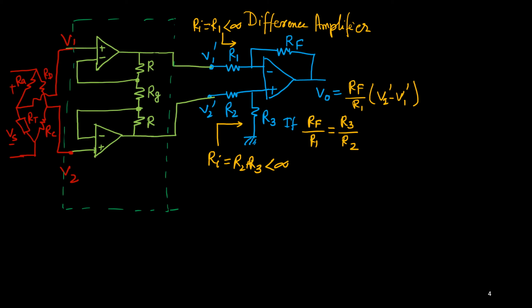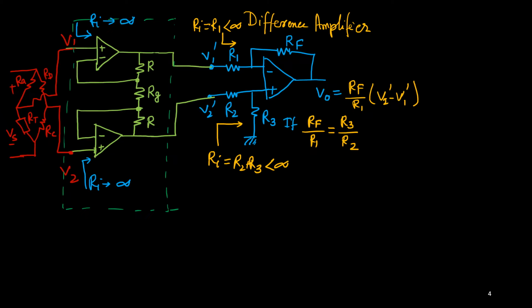So what is the input impedance looking from this side? You see there is no current, because no current can enter the op amp terminal. So this Ri is infinite. Again, if you look from this side, what is the Ri? Ri is infinite.